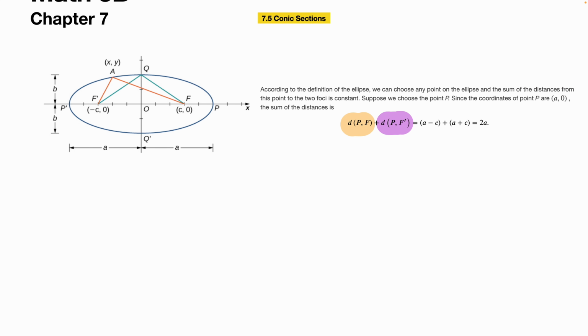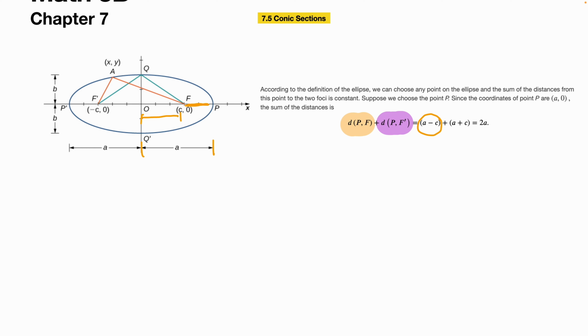So if we mark that out and we look at P to F, that would be this here, that distance. We know that this measures A and that this measures C, and so that's how we get A minus C. That the distance from P to F is all of A, take away C, so A minus C.